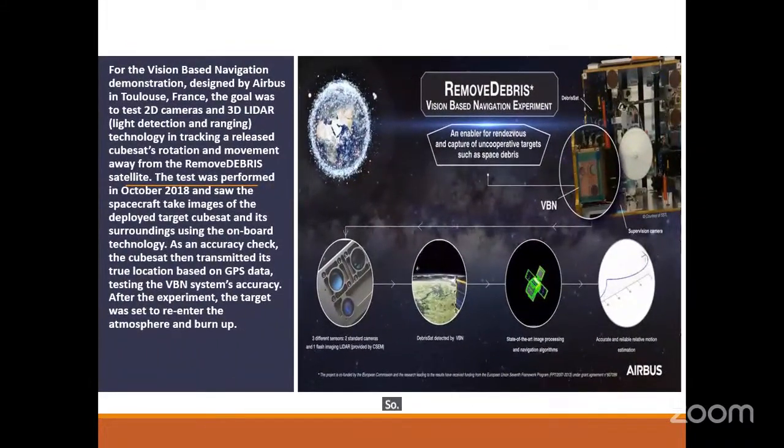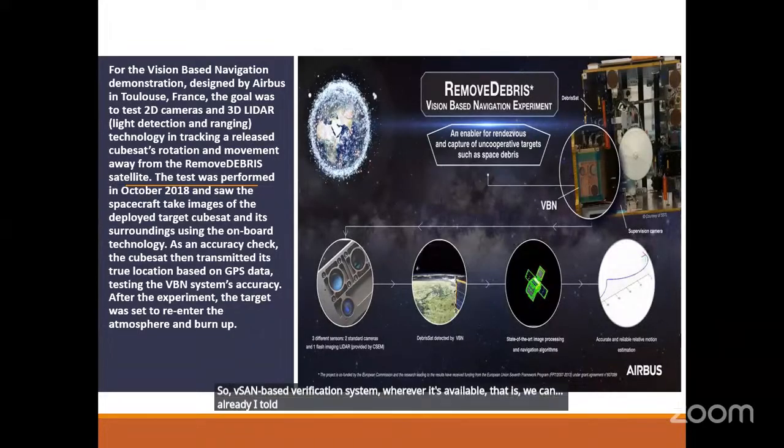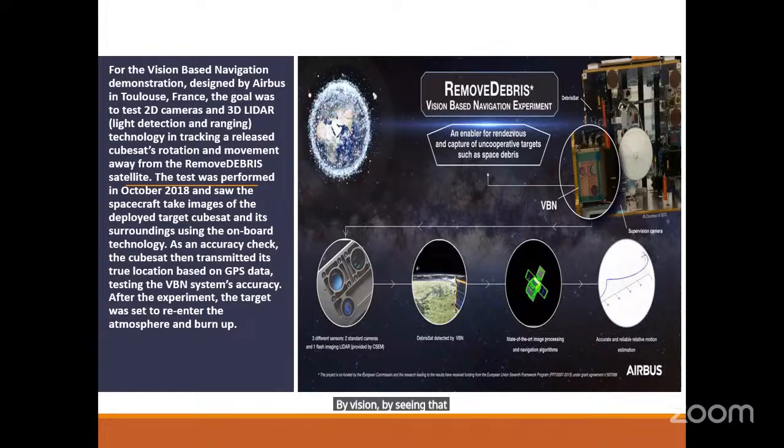For a vision based navigation system, wherever it is available, as I already told, for maintenance we use vision based machinery. By seeing the object, it is easy to dock.